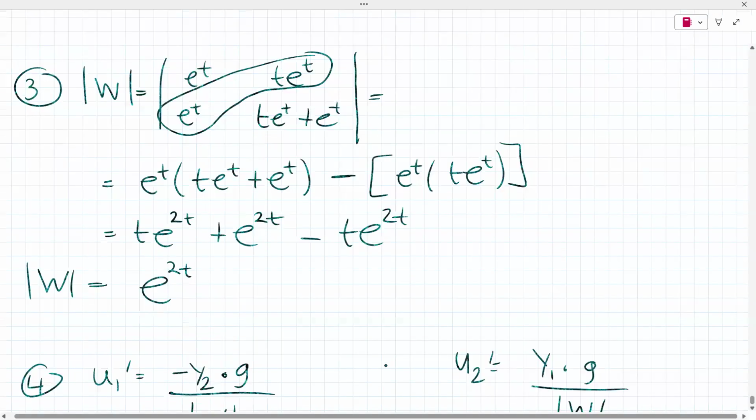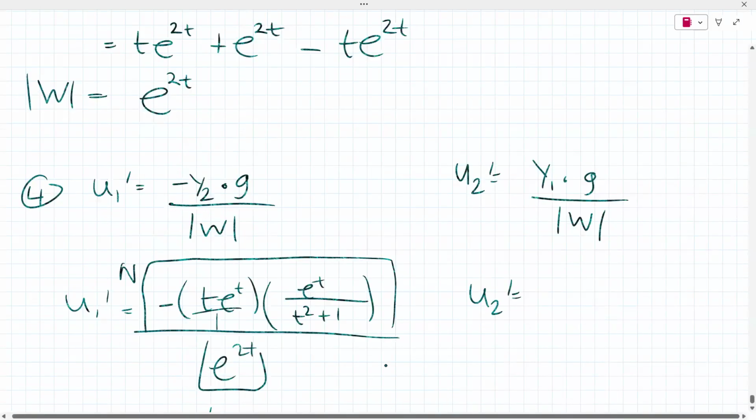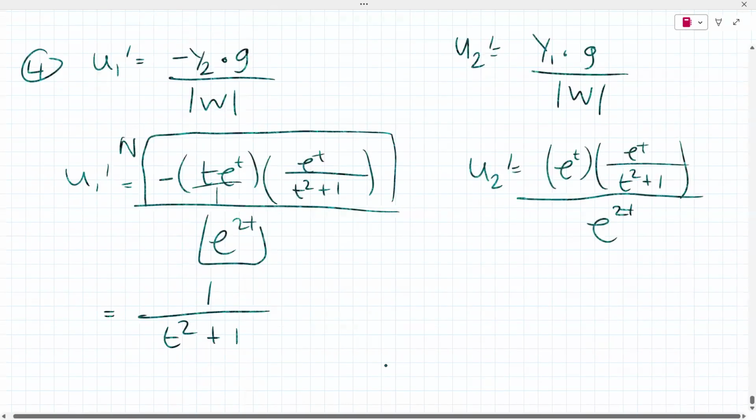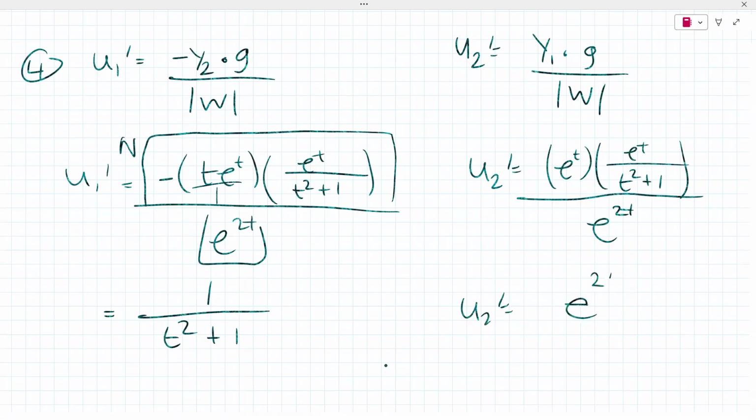What did I say? My u2 prime is e^t times e^t over t squared plus 1, over e to the 2t. So if you do this again, this is e to the 2t over t squared plus 1, and you can just multiply this by 1 over e to the 2t.